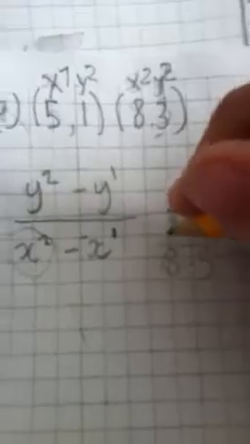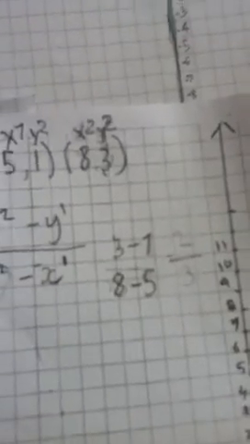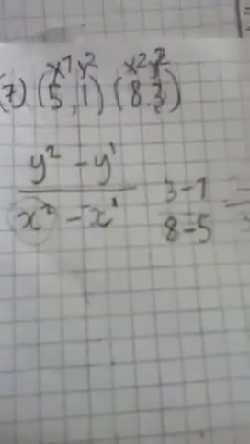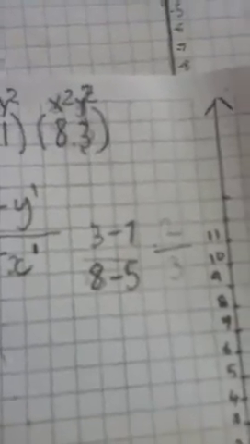So like this, you write 3 subtract 1, and then 8 subtract 5. So you put both x's right next to each other and both y's right next to each other. Then once you subtract them, 3 minus 1 would be 2. So just write that. And 8 minus 5 would be 3. And there's your number for this.